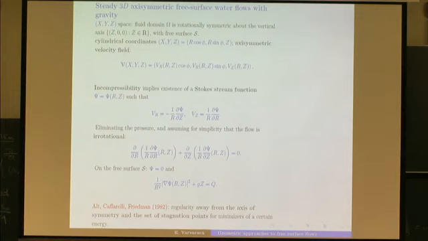So again, the velocity field is described by two scalar quantities, this Vr and Vz. Now, just like in the two-dimensional problem, the incompressibility u_x plus v_y equals 0 ensured the existence of a stream function.